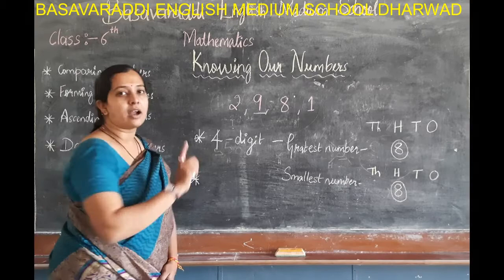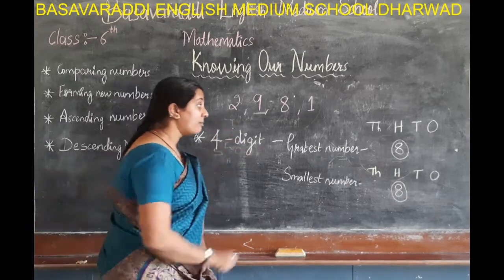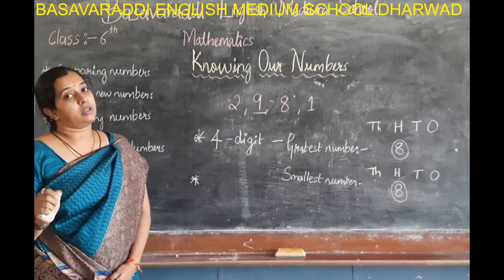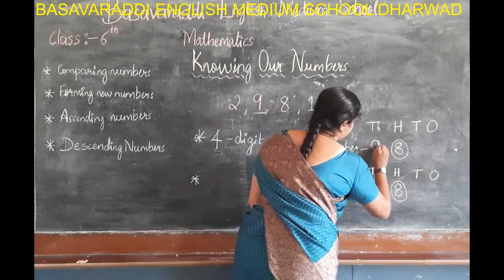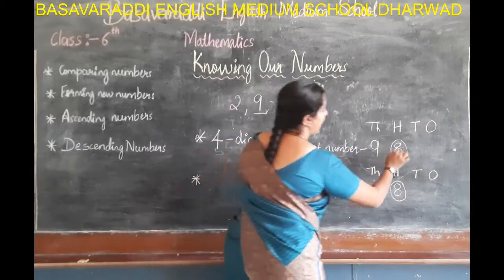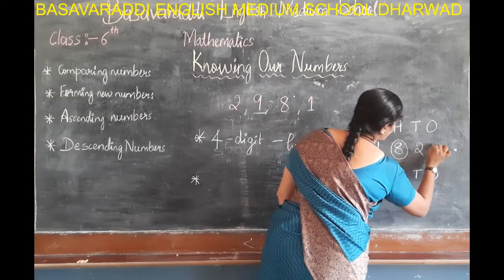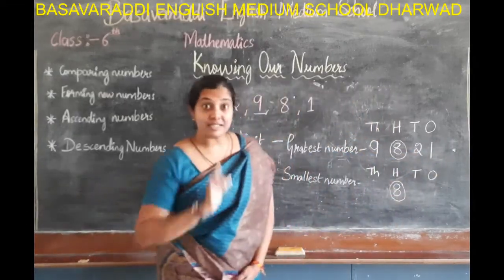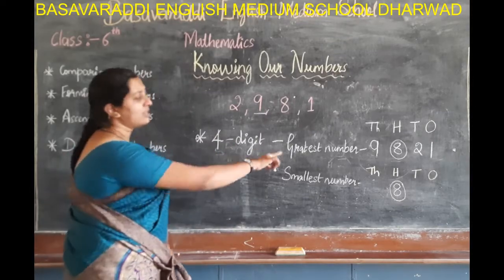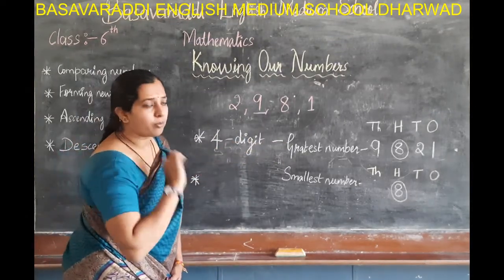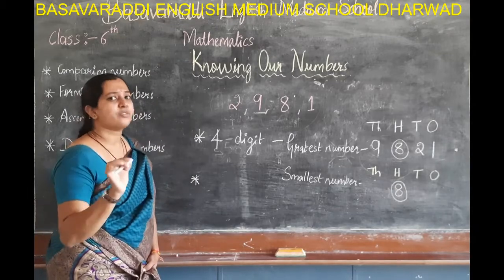It has to be under the hundreds place. Now keeping this in mind, you have to form a greatest number. So yes, it would be 9, 8, 2, 1. This is your greatest number. But when it comes to the smallest number, I will give the same one in case of the greatest number.